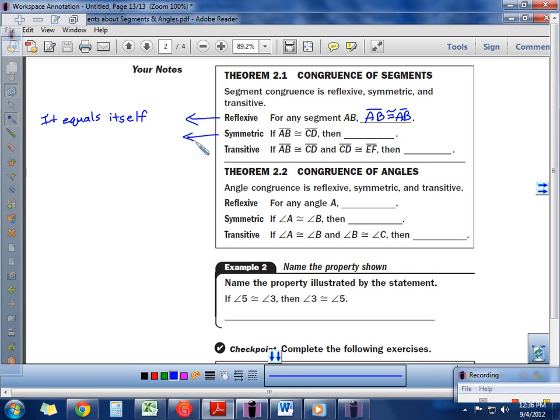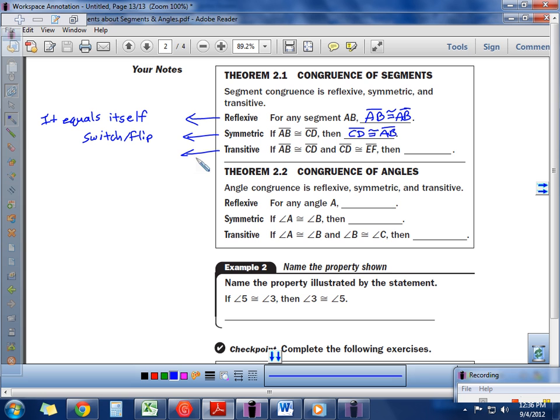Switch or flip. Good job. So it's now CD is congruent to AB, and these are both segments, so they get the segment symbol over top.